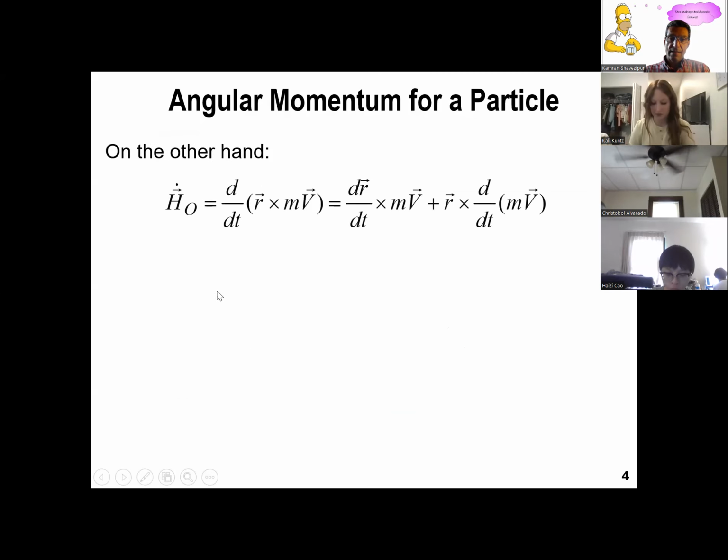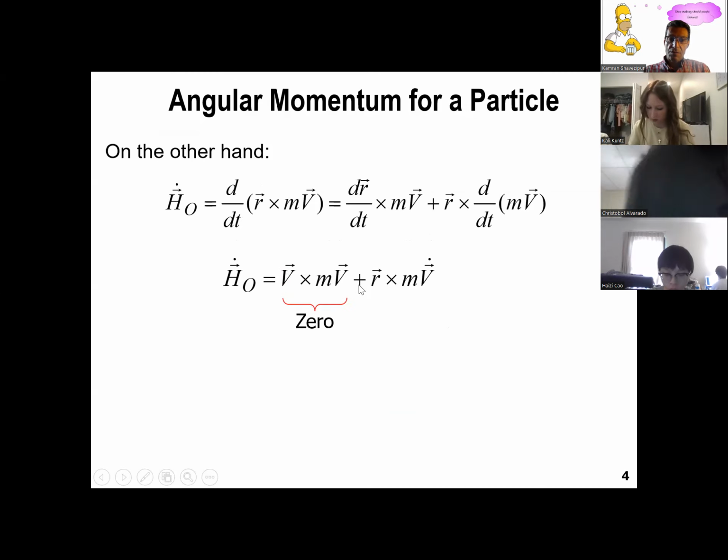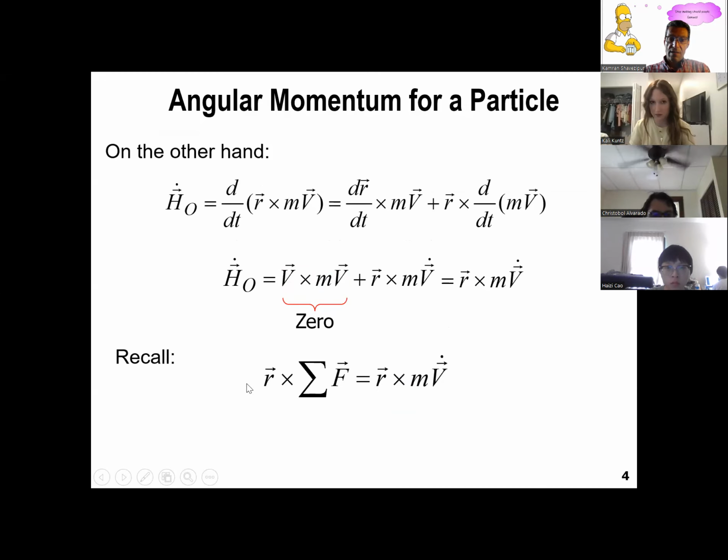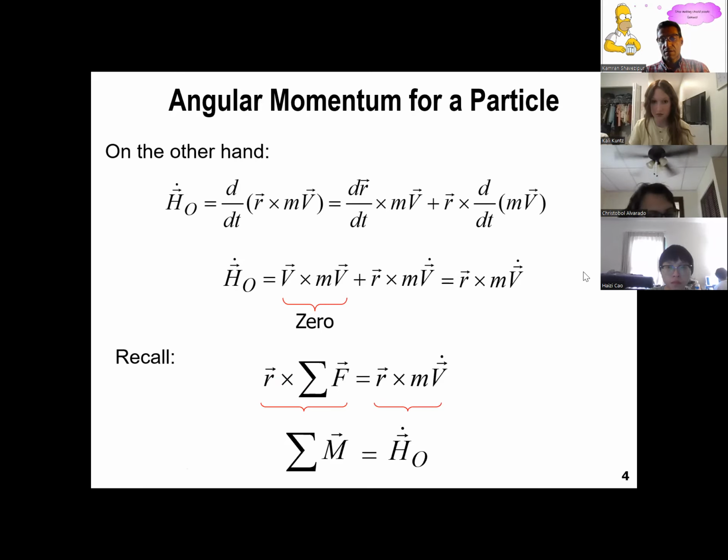And then h o dot, d dt of this, we get this one, that one. v cross v, as we said, is going to be 0. Then it's going to be r cross m v dot. And then using this, summation of moments is the change of angular momentum for the particle. That was the whole process.